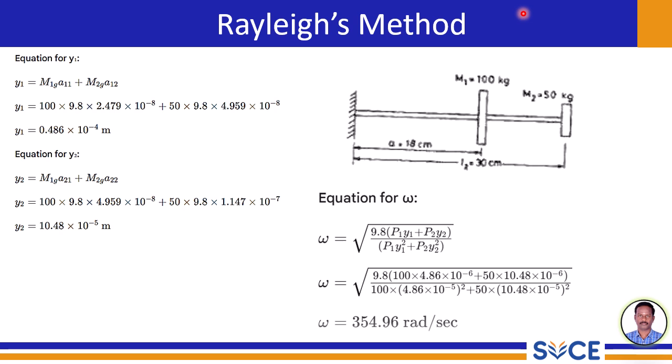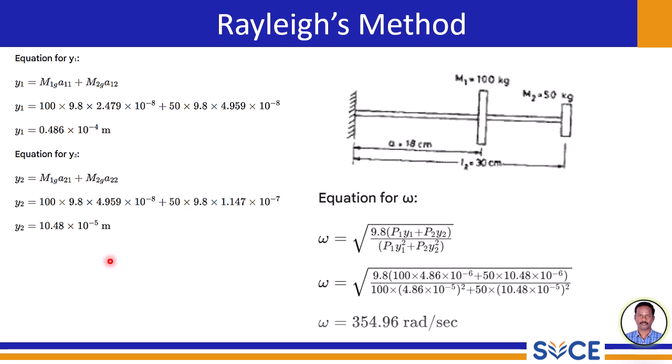Similarly, we calculate the static deflection at the second mass, Y2, using the corresponding equation, values for M1 g and flexibility coefficients, that is A12 or A22. This calculation yields a static deflection Y2 of approximately 10.48 into 10 power minus 5 meters.